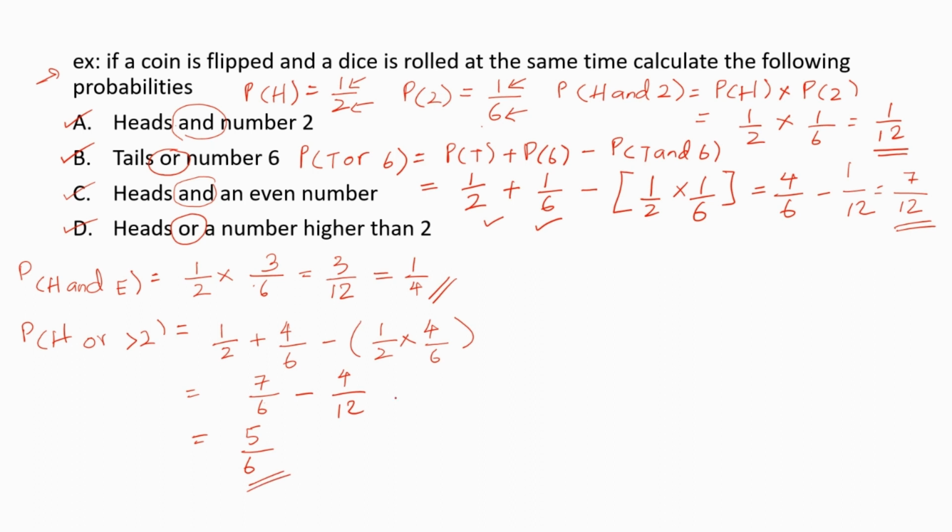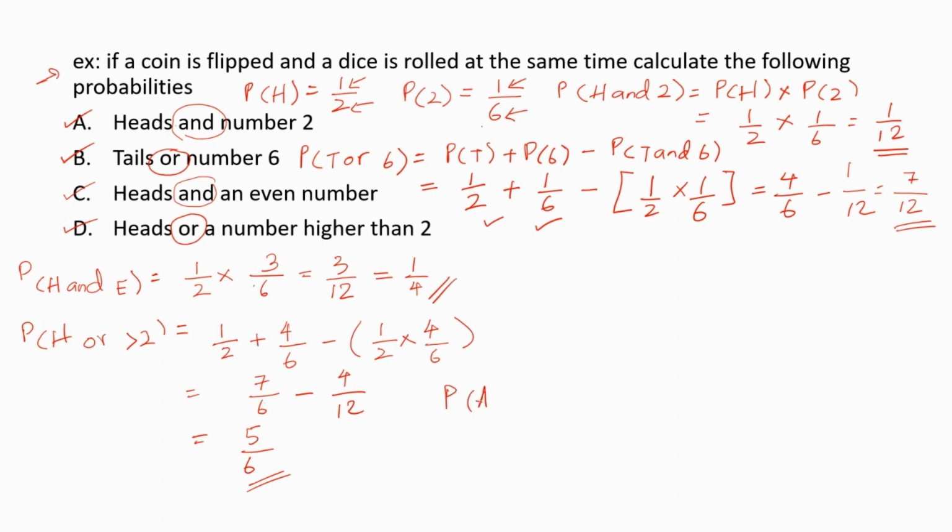Now you have a better understanding of what probability is, how to calculate probabilities, and what joint probability is. We discussed the multiplication law and addition law. So what is the multiplication law?